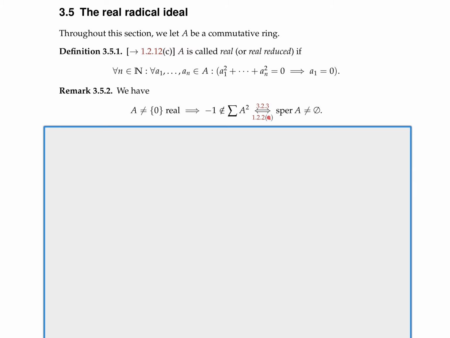I didn't want this to be italic here, so I should correct this in the lecture notes. So the sums of squares form a preorder, if -1 is not in there, then it's a proper preorder, and every proper preorder is contained in a prime cone. So if -1 is not the sum of squares, there must be a prime cone. On the other hand, if there is a prime cone, every prime cone is a proper preorder when -1 is not the sum of squares.